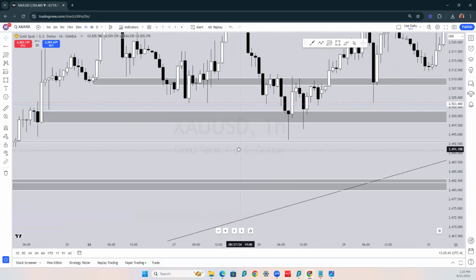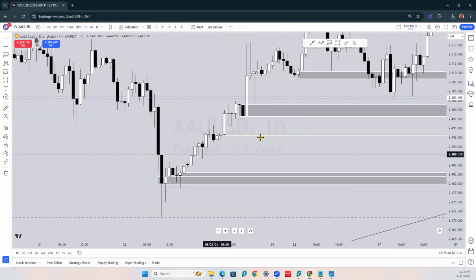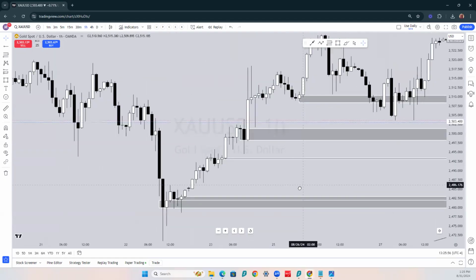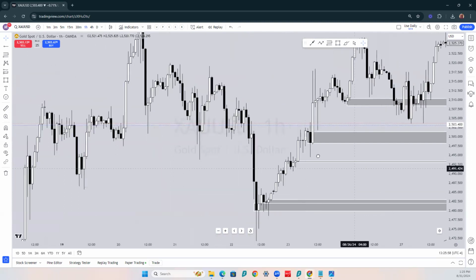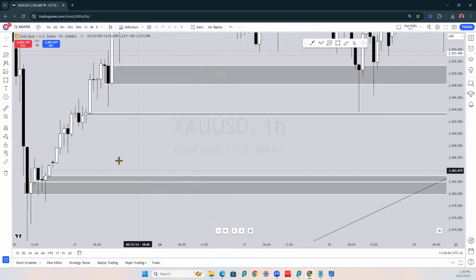Now, what you're looking for in these key areas, right, are gaps where two wicks are not touching. So let's look for some gaps in there. So if we go down to the bottom here, are there any gaps?